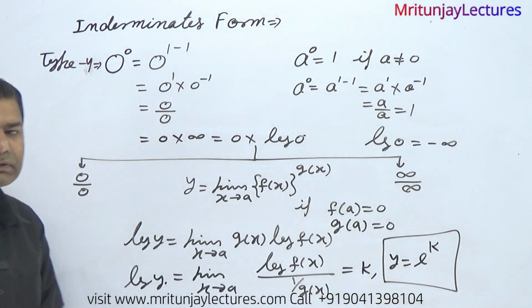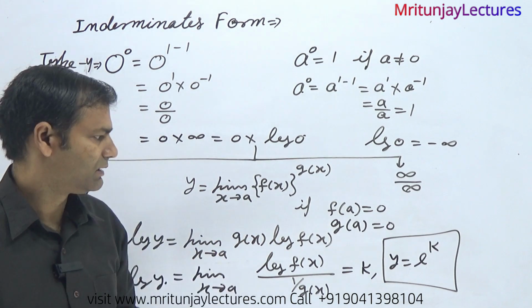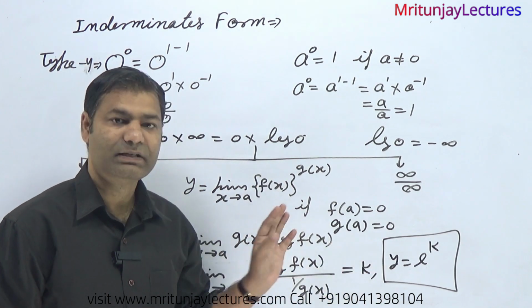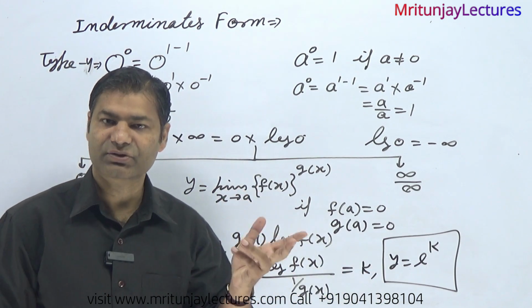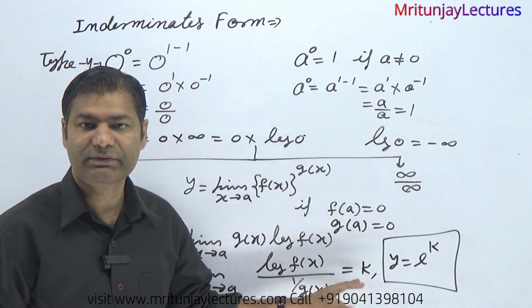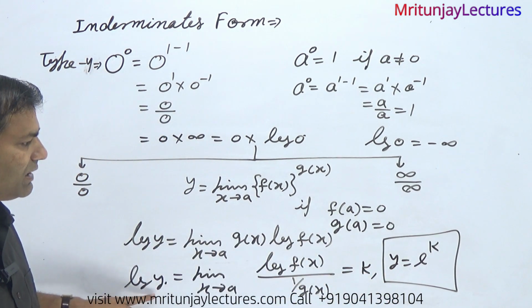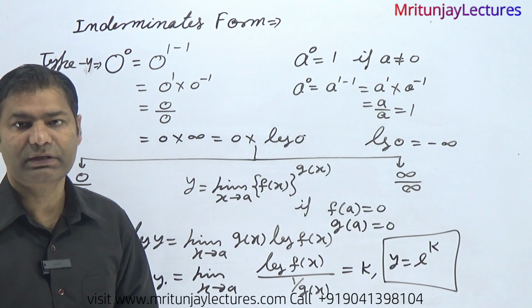Clear or not? If again we get 0 by 0, then apply L'Hospital rule, and finally if we get k, that is 0 or whatever value, a defined value, then y is equal to e to power k is the final answer.